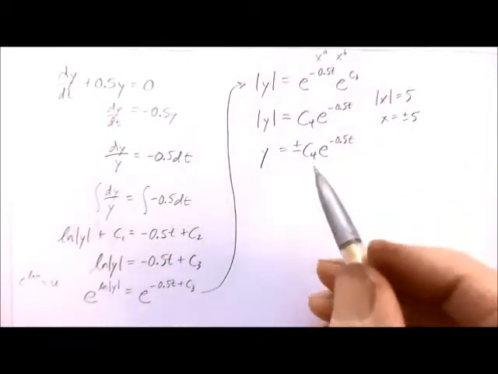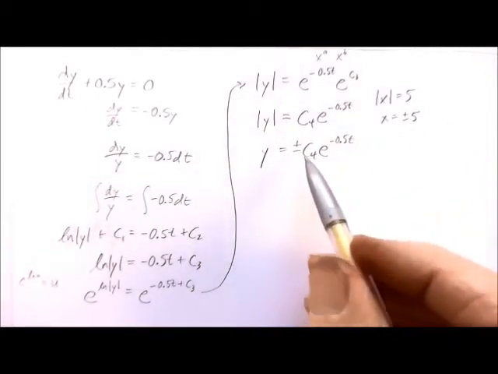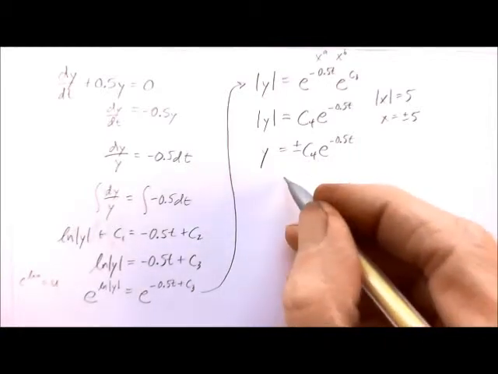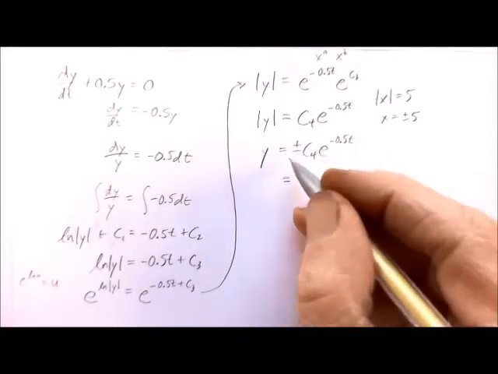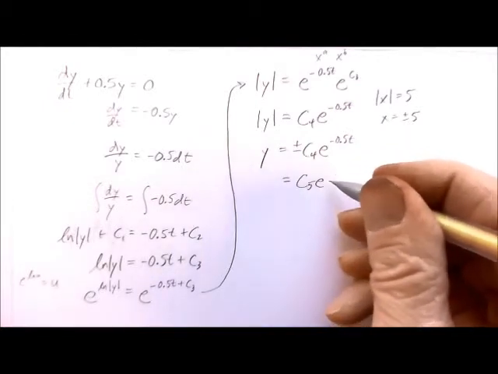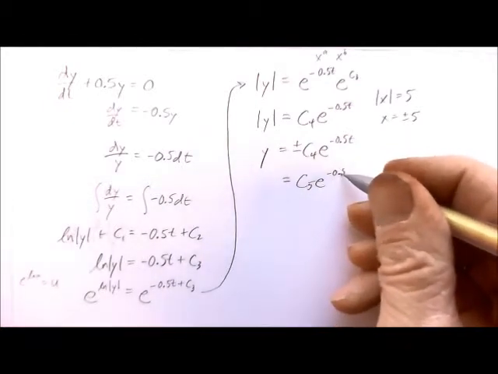And this seems a little bogus, but we can actually absorb this plus or minus into the c4. We don't know which one it's going to be, but either way, this is some other constant I'll call c5 times e to the minus 0.5t.